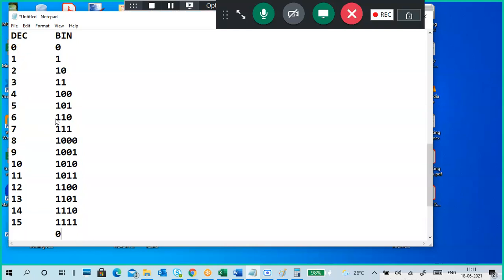All ones become zeros and one is added here, right? So all ones become zeros and one will be added. Again it will continue. 10001. Again until all become ones. Okay, so like this.